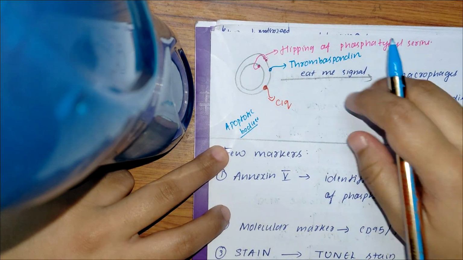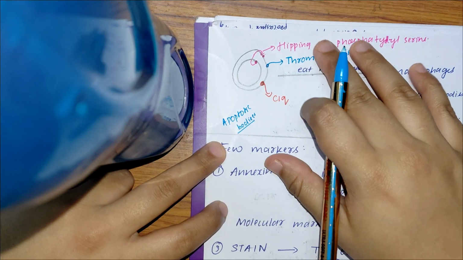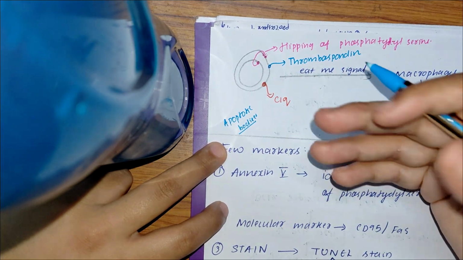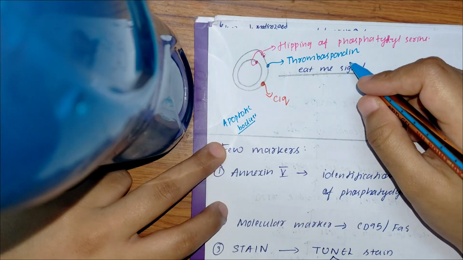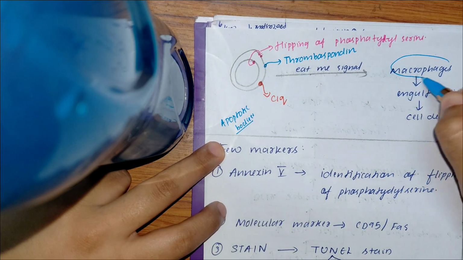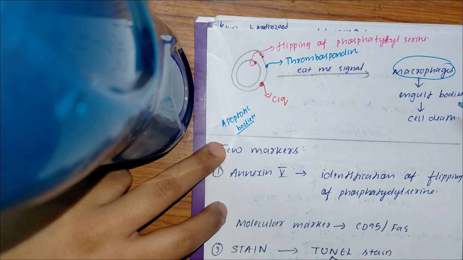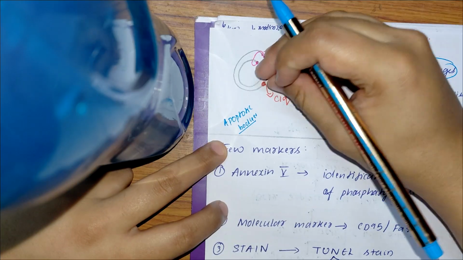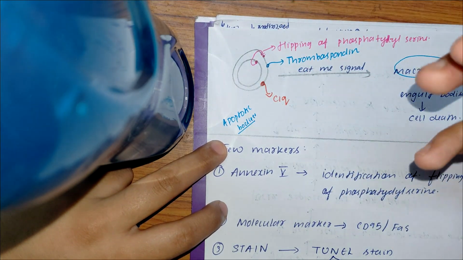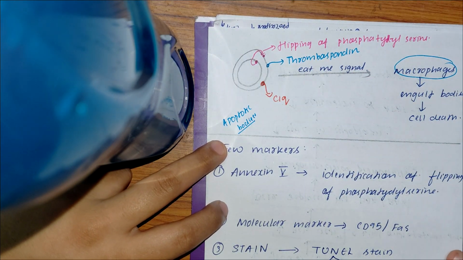So these things will give the signal, eat me, and these signals are heard by macrophages. The macrophages are going to engulf this body, eat it, and there will be cell death.